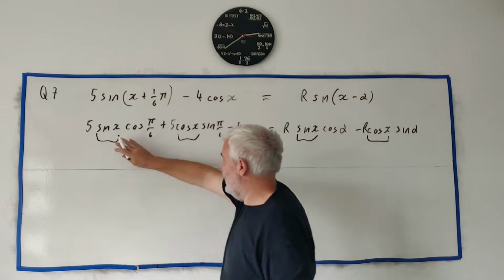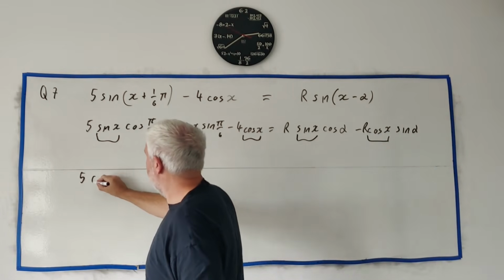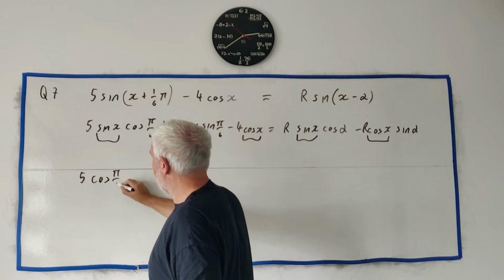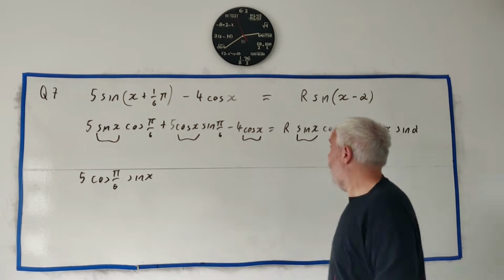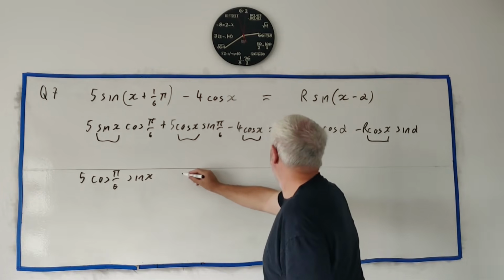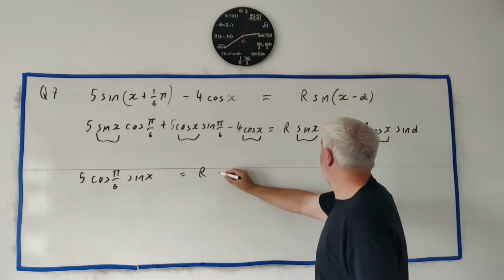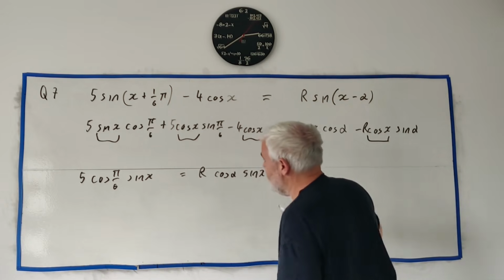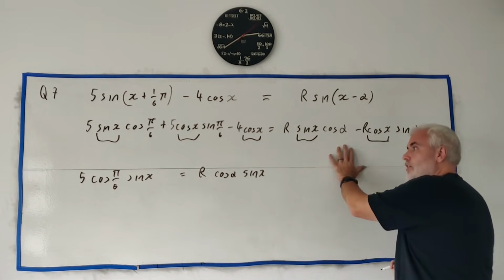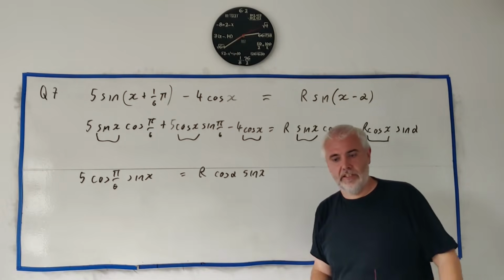Let's group all the sine x. It's already done here. It's 5 cosine pi over 6 sine x on the left. On the right, we have R multiplied by cosine alpha sine x, and they will be equal. The sine x's on the right should equal the sine x's on the left.